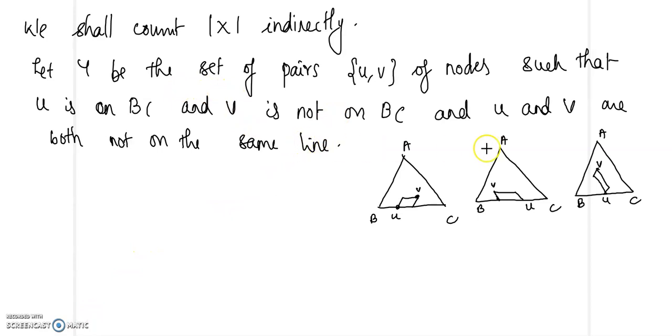This is the set of pairs UV such that U is on BC. So these are the different types of parallelograms we can have.